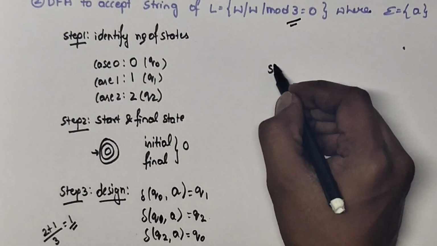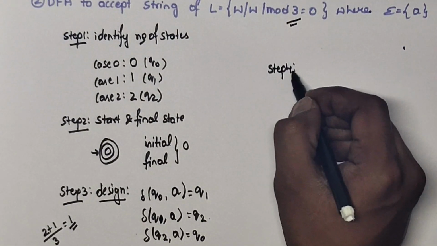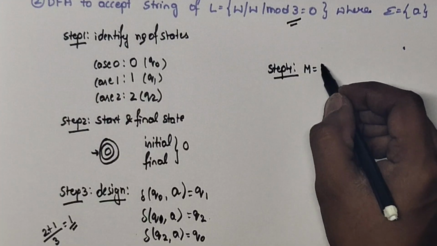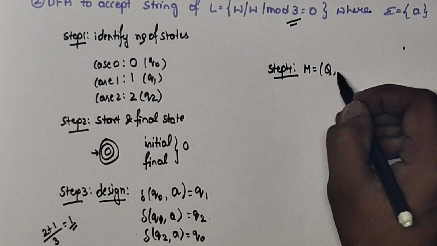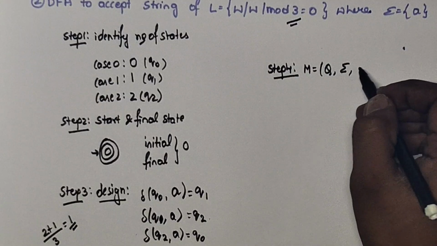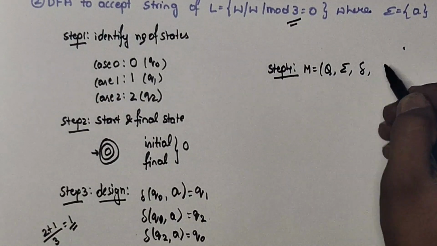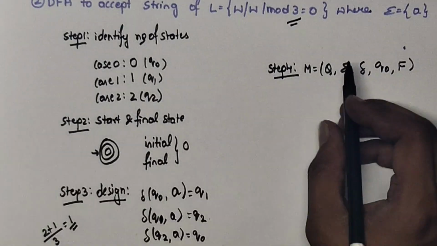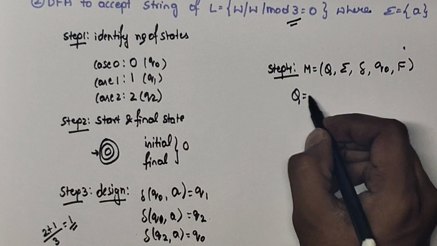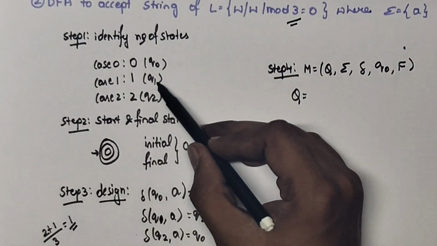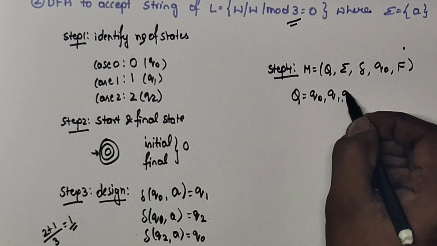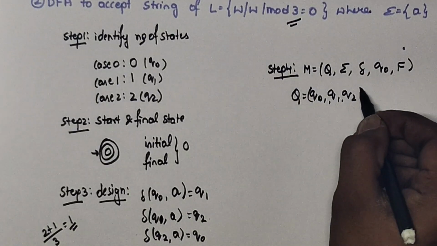Now let's move to the fourth step. Step number 4 is to write the 5 tuples of the DFA. First one is the states Q, summation, that is the input alphabet that you are using, delta is the transition table, Q0 is the initial state, and F is the final state. So here Q means the states you are using: Q0, Q1 and Q2 are the 3 states we are using here.